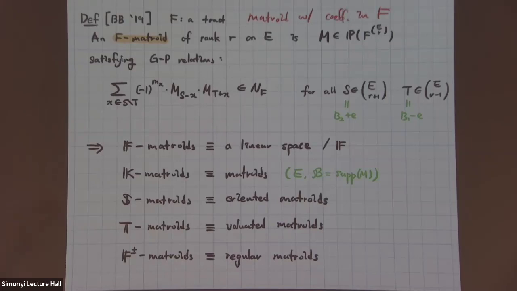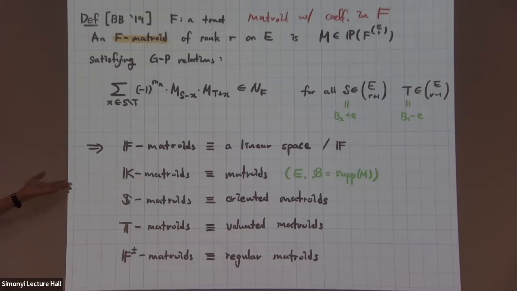Since we have multiplicative monoids, we can consider, in some sense, a projective space satisfying the Grassmann-Plücker relation over the tract. Here we just replace equal to 0 by being in the null set. It makes sense if you consider a field. So an F-matroid is just a representation, a Plücker vector in the space, which is nothing but a linear space over the field F.